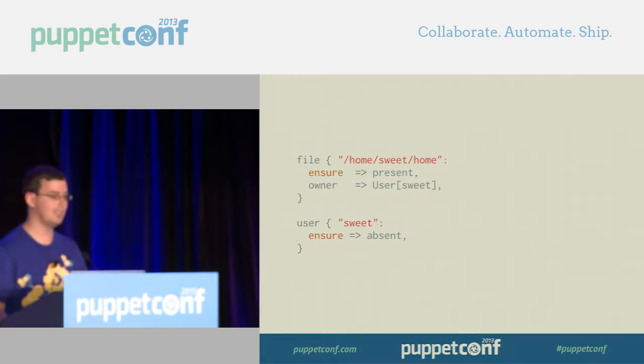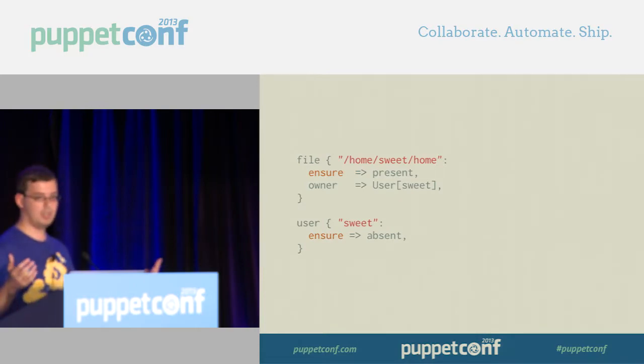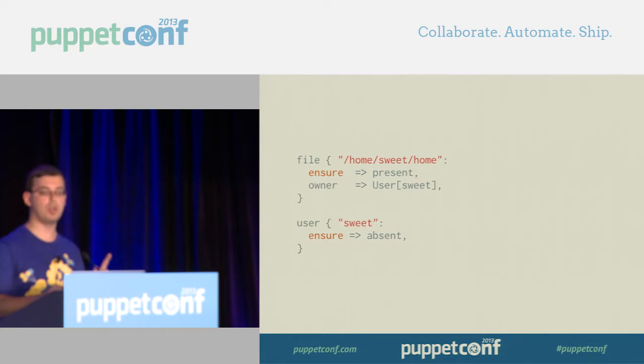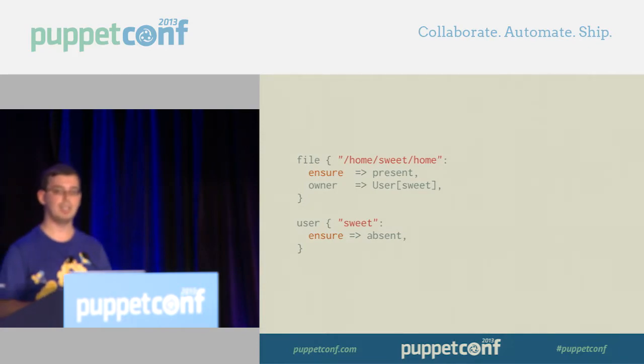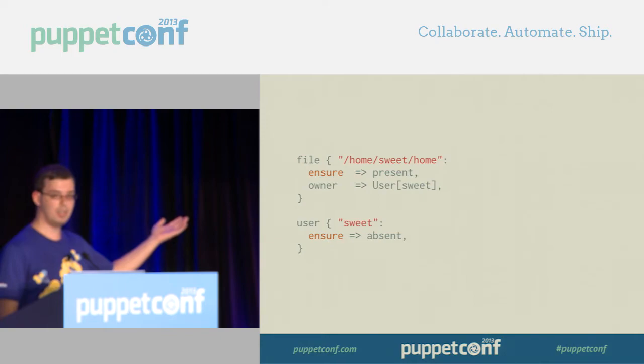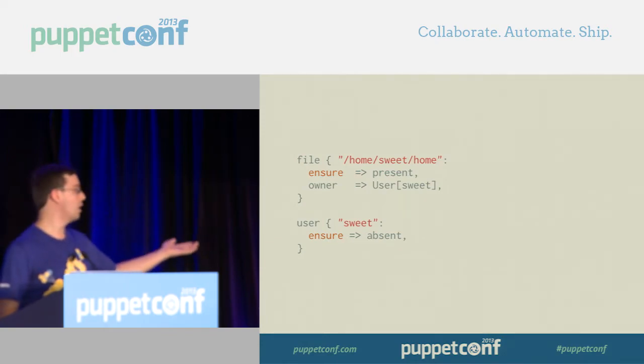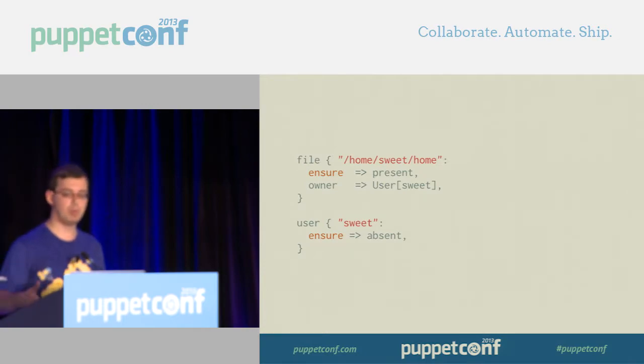This is what I would like, is when I tell Puppet that a user owns a file, it understands that the user owns the file, not that the file requires the user. One is a significantly stronger relationship. Because again, if I mark these as absent, then with the owner relationship, I know that the file is in some way subordinate to the user and that its existence is contingent on the existence of the user.